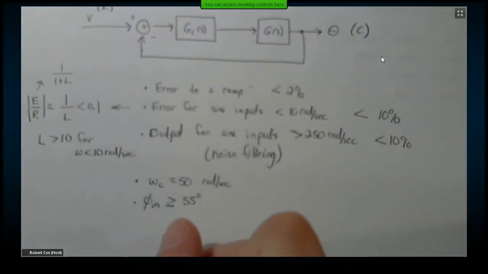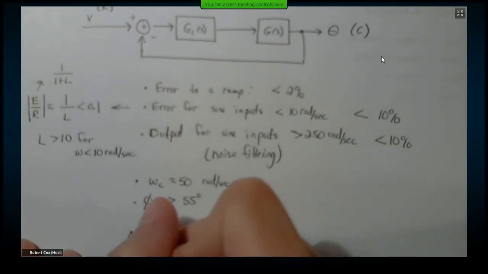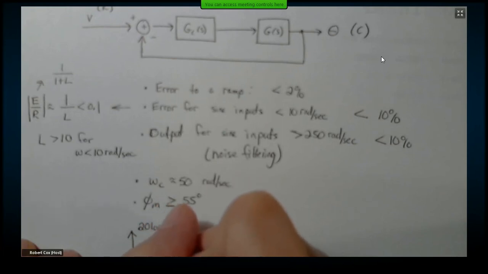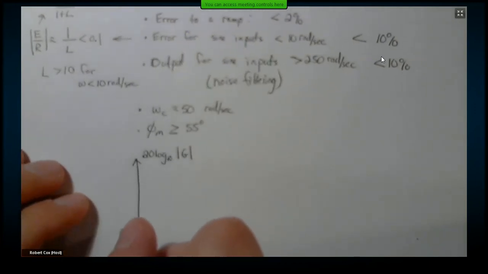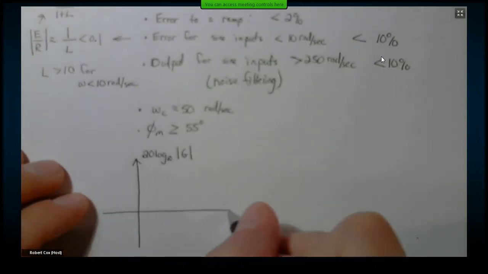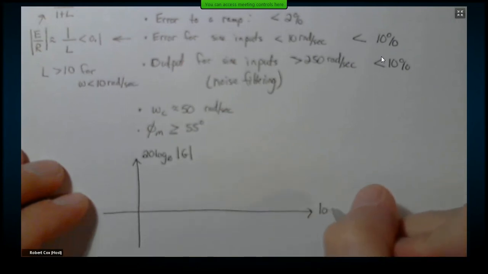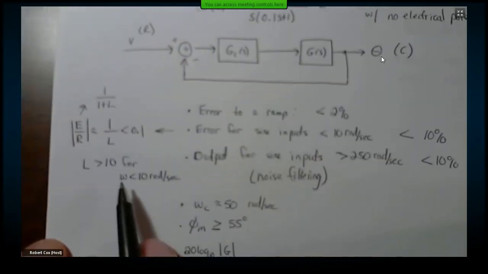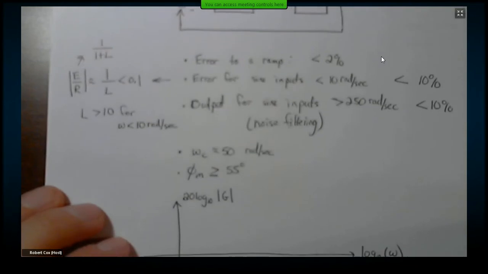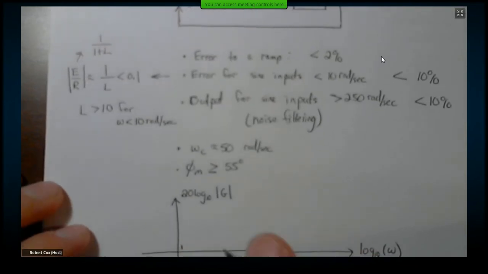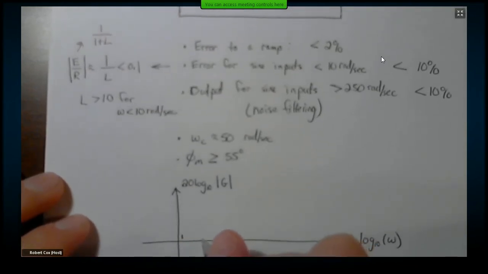Okay, now the other spec that I've got, this sets one of my Bode obstacles, right? So I can effectively sketch that now. Log 10 of omega. So I've got one obstacle that says L has to be greater than 10 for omega less than 10 radians per second. So here is 1 radian per second.